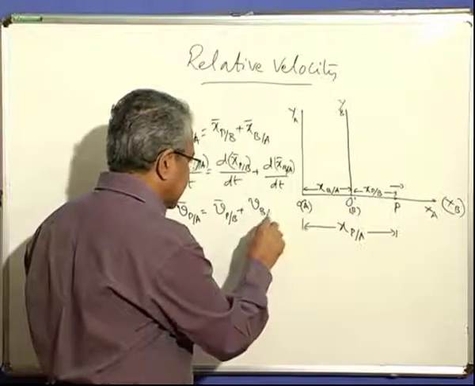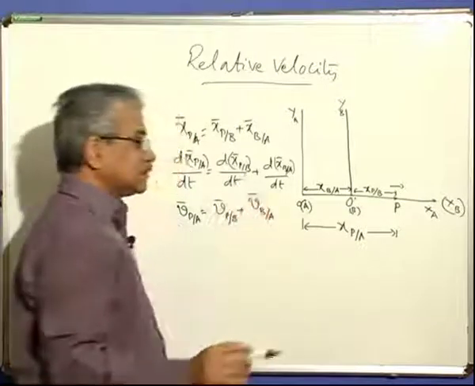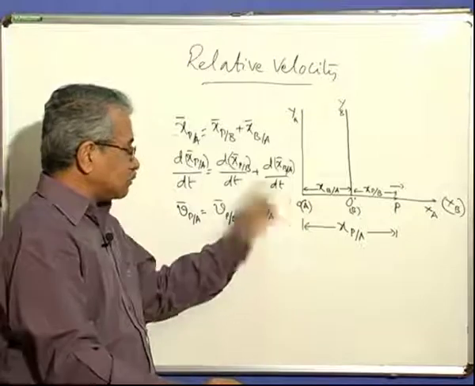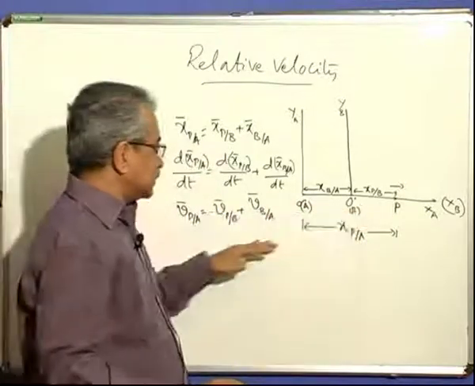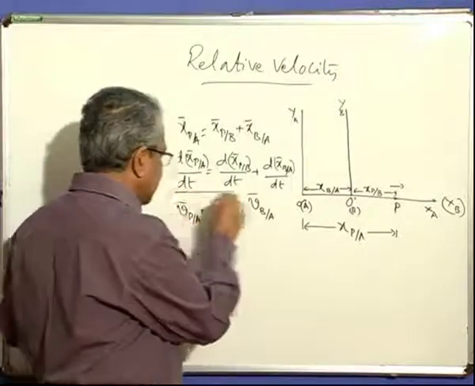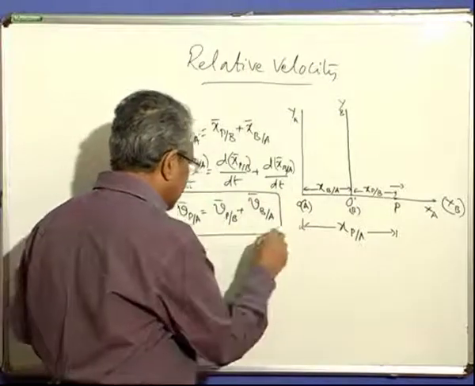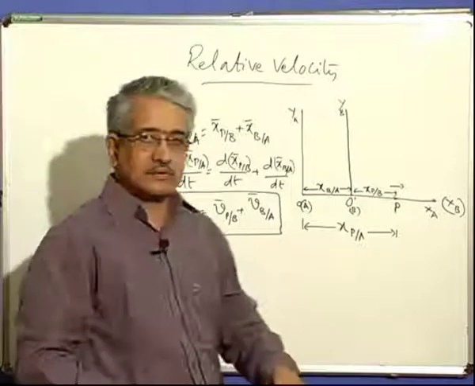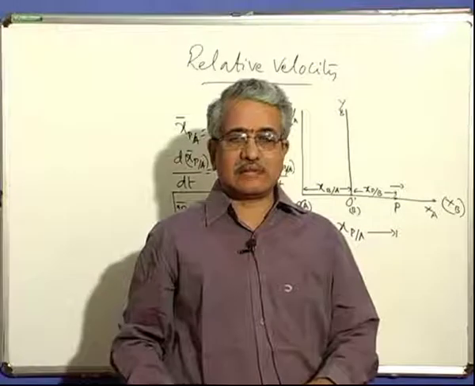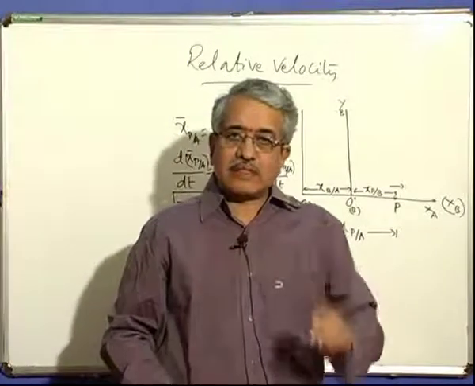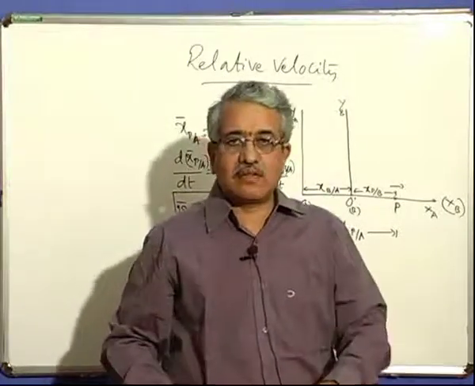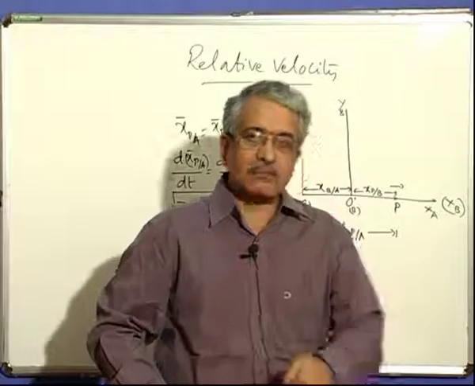That is, the velocity of B with respect to A. So that is what the equations tell us. This is what is meant by the relative velocity equation. Every velocity is only relative here, remember. There is nothing like absolute velocity. Every velocity is with respect to one observer, and whether that observer is at rest or not is what ultimately matters. We come to it a bit later.